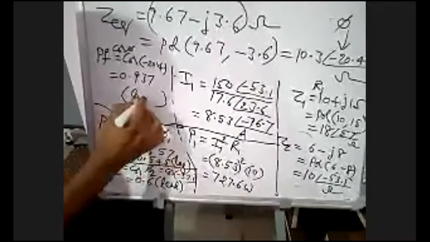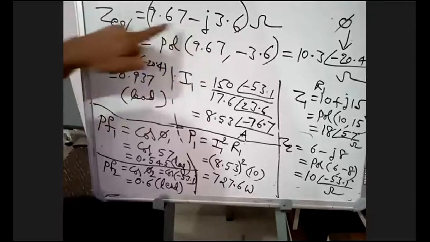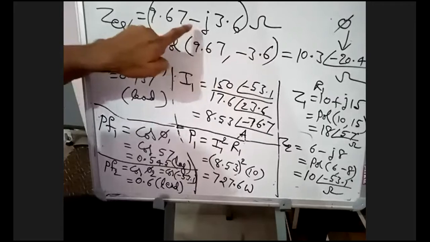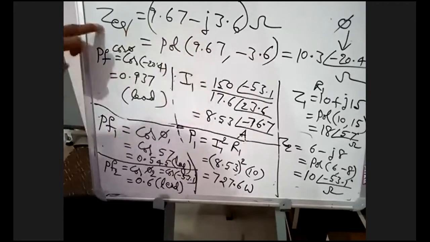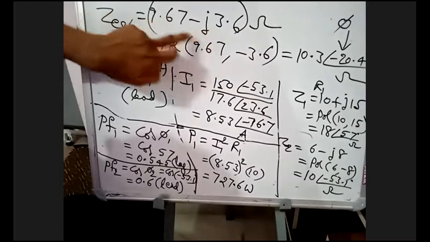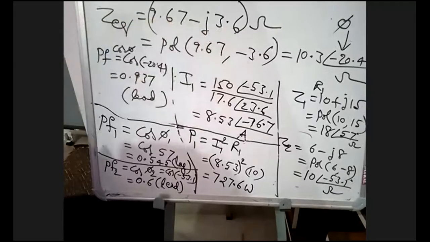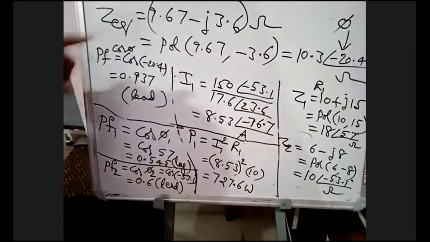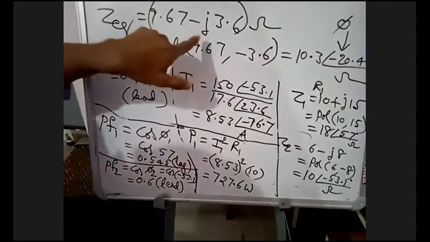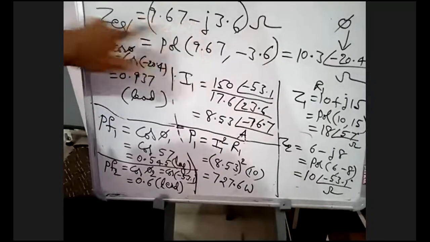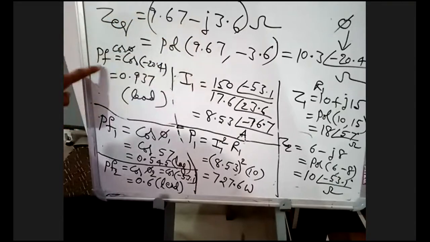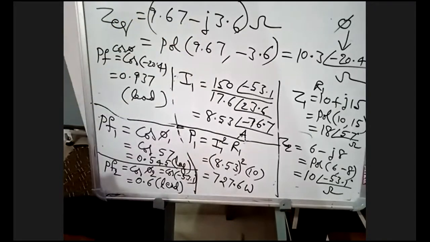Why? If Z equivalent has a minus, it is a capacitive circuit. If you get plus, it is an inductive circuit. Z equivalent is R minus j. Minus means leading, and if the angle is negative, it is leading. Your XC is greater than XL, so the total power factor is leading.